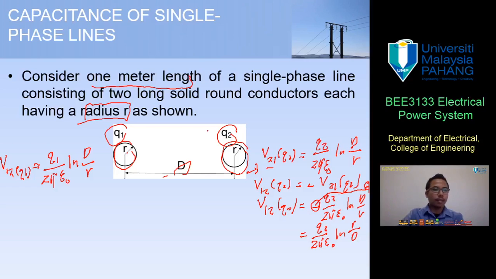If you want to get the total V12, because we're doing the superposition, it is V12 due to Q1 plus V12 due to Q2.